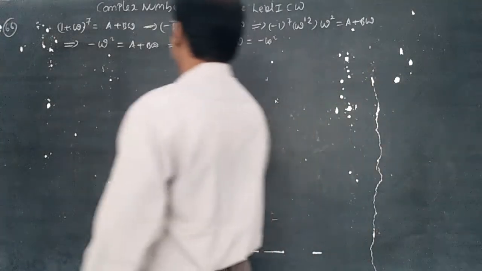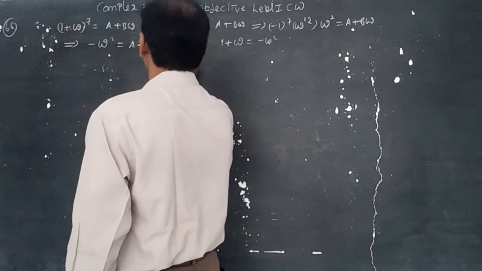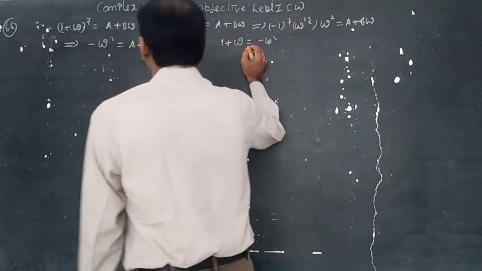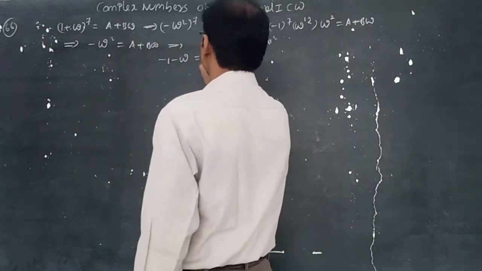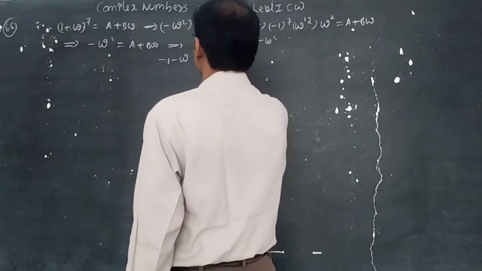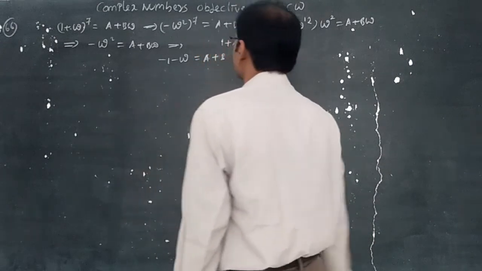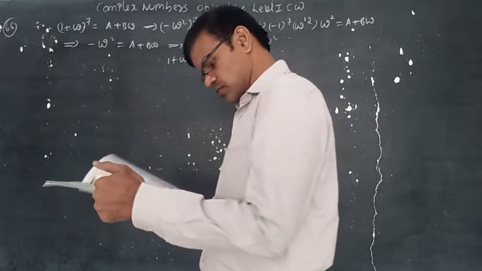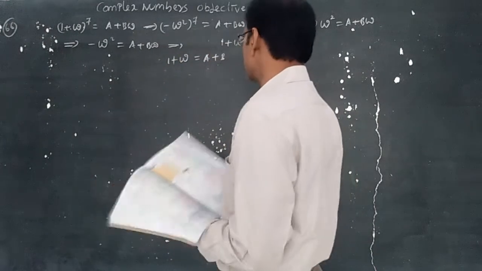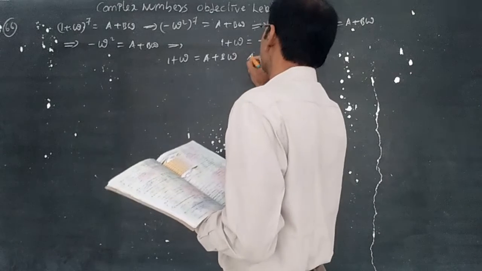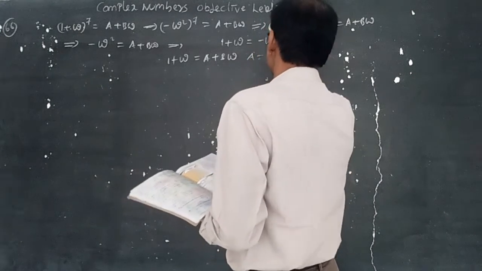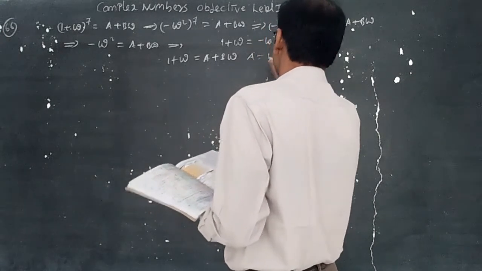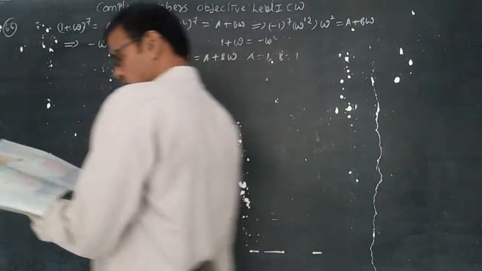So now this can be understood as minus omega square is minus 1 minus omega, so minus omega square you write like this: instead of minus omega square, directly 1 plus omega. a plus b omega. So a is equal to 1, b is equal to 1. That's all. By comparing the values both sides, you can write here a is equal to 1 and b is equal to 1.